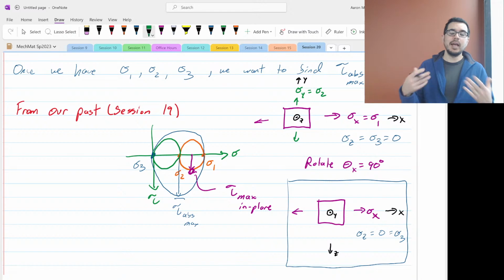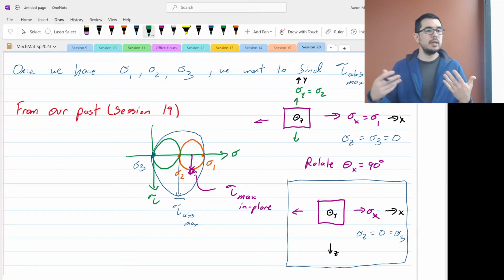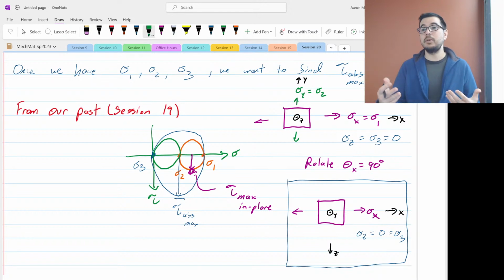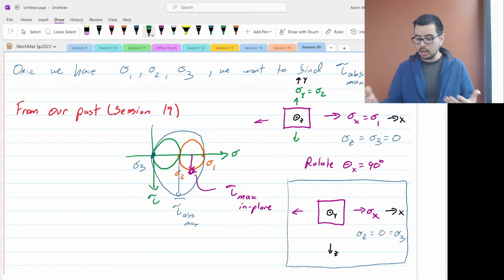And when we look at absolute maximum shear stress, in many cases we're looking at sigma 1 divided by 2. But there's a case where it's not sigma 1 divided by 2, and if you go through the slides, you see that.